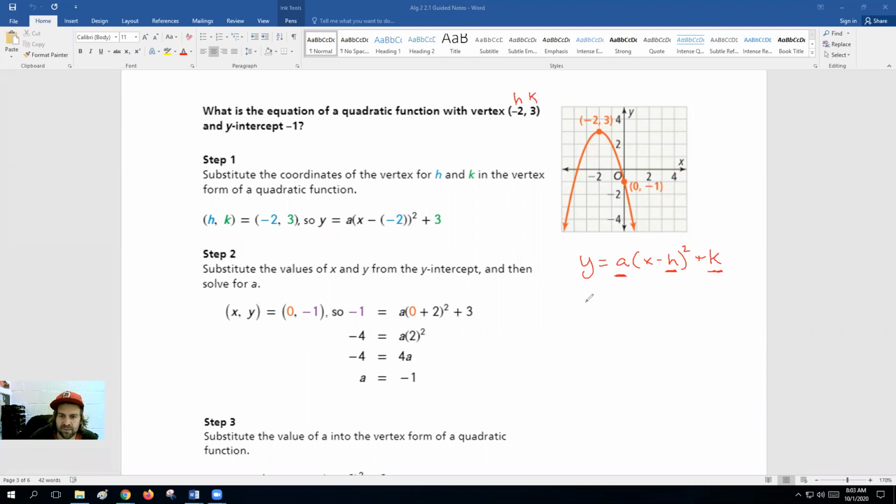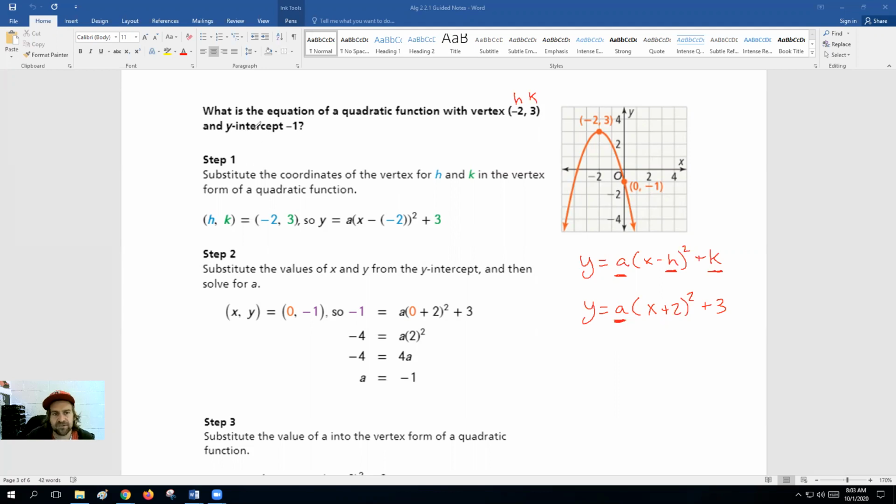So I could set up this problem as y equals a times (x minus -2), or plus 2 I should say, and then plus 3. The problem is we still need to figure out this a. In order to find a, we can do what we did to find b when we did y equals mx plus b. We can use a point.